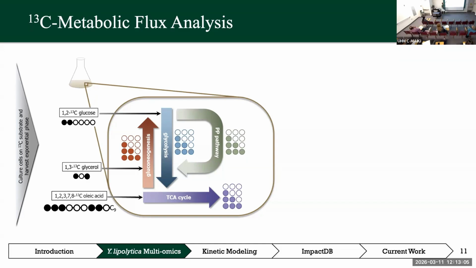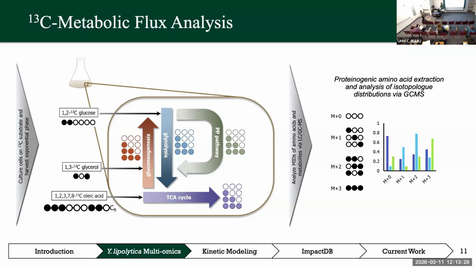And then when the cell consumes these carbon sources, the labeled carbons don't go randomly or evenly through the metabolism. Based on the branch points, certain parts of the glucose molecule get built into certain amino acids, based on the split points of the metabolic network.